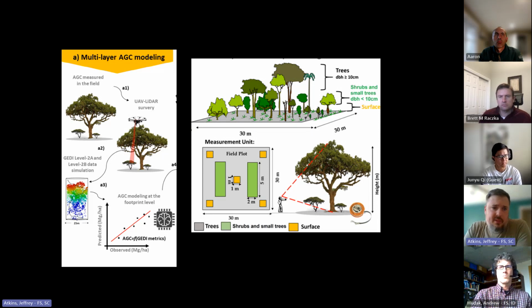From there, we can pull the level 2A, 2B data that you would see off of JEDI from those simulated waveforms, and plug that into a model that connects to the actual above ground carbon in this multi-layer setup. So it connects that ground data to the simulated remote sensing data that we can then plug in and move on to step 2.